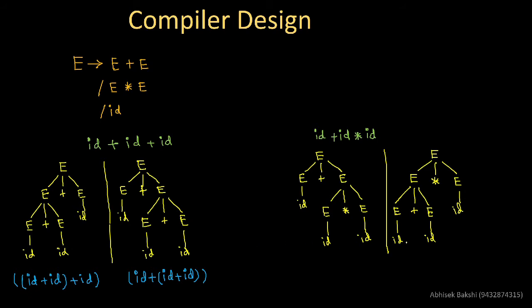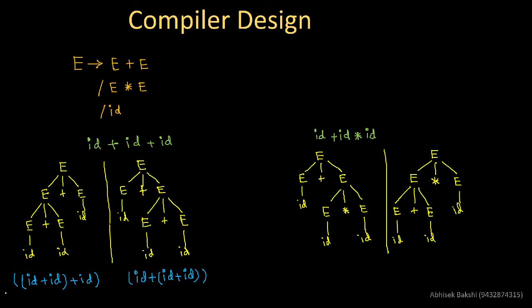Similarly, if you come to the right side part, I mean in case of id plus id star id, we will see that we have plus and star, so definitely we are assuming that they have different precedence. In case of different precedence, in the left side explanation of this tree, you see star is at the higher level, so naturally this star will be executed first, and then because of this E to E plus E star E, the result gets added with this one.